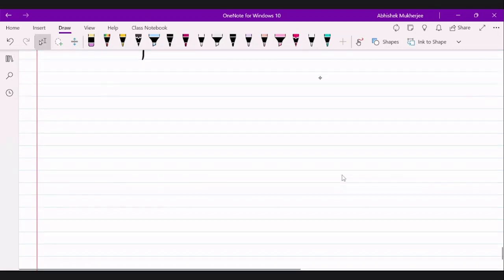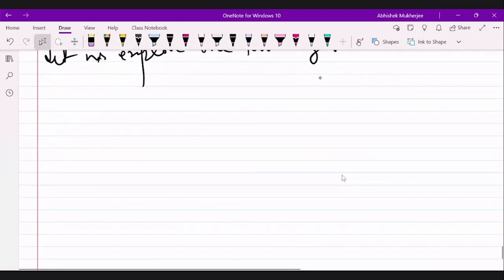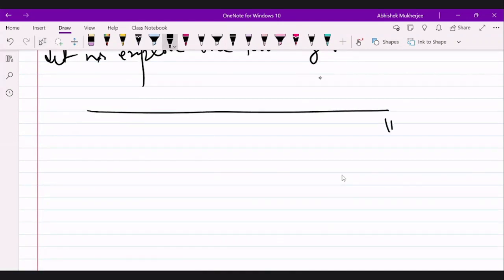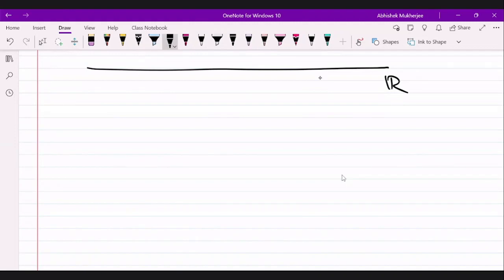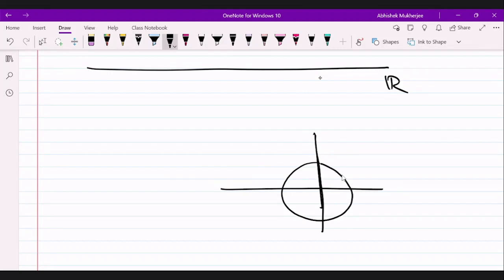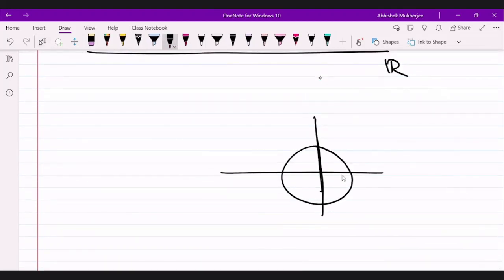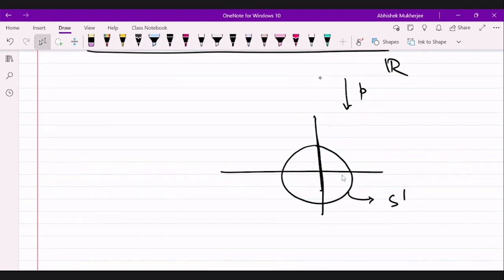Yeah. So we have already seen that R is a covering space of S1, right? Great. Now, if you want to consider a path in S1, suppose you are taking that open upper semicircle, okay, this one.